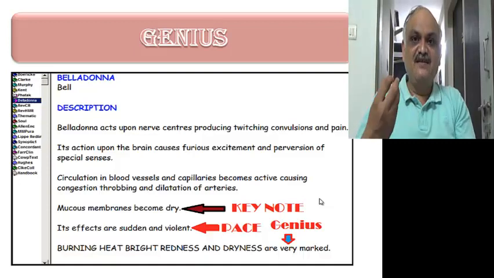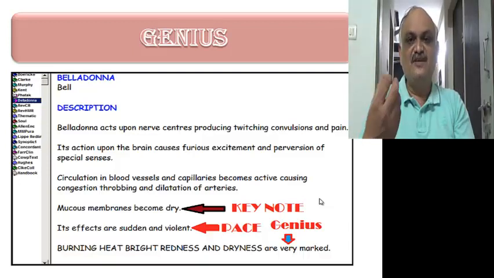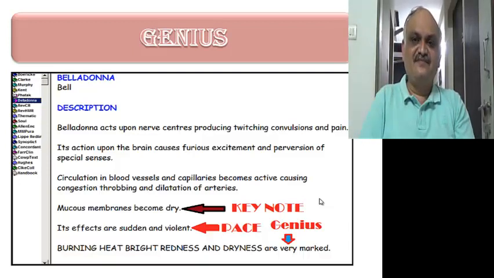For example, in Sulfur, you can say the burning, yellow discharges. This is Sulfur. Heat aggravation, warmth of bed aggravation. So warmth aggravation, this is genius. Dryness of Bryonia. So dryness in Bryonia is genius. Restlessness in Arsenic is genius.